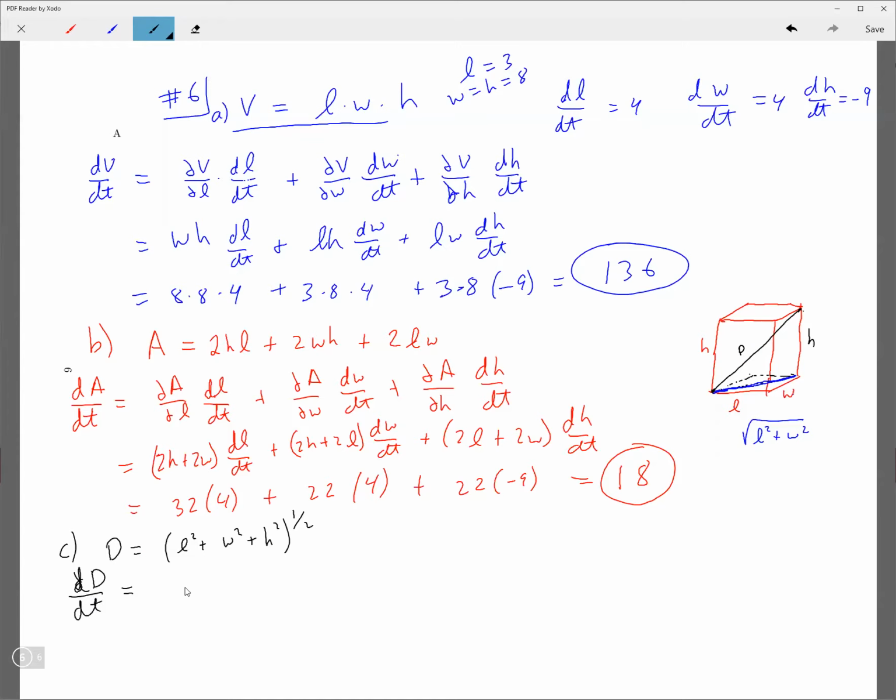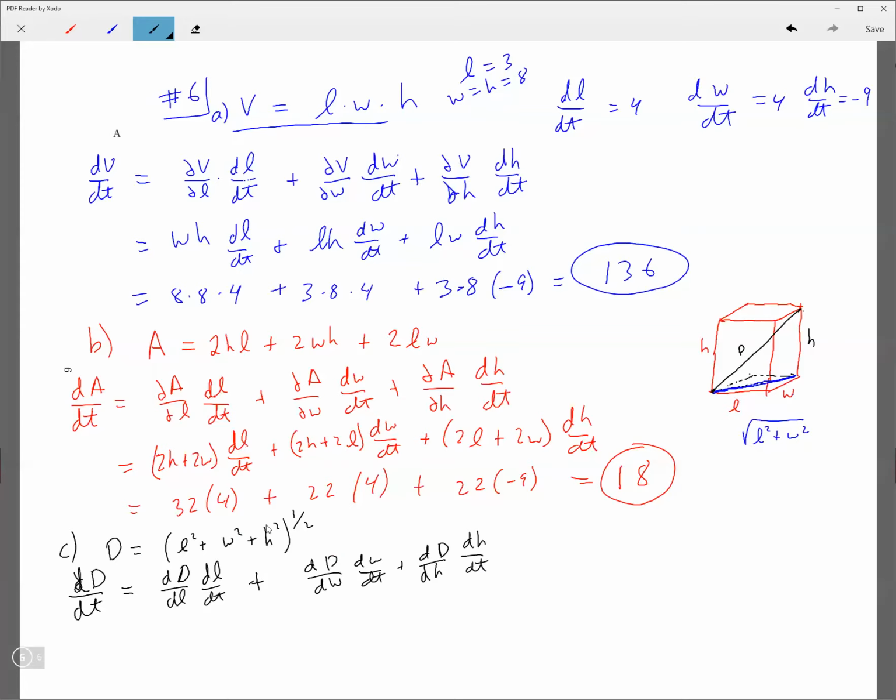Okay, so I go through the same steps again. dD dt is the partial of D with respect to L times dL dt, plus the partial of D with respect to W times dW dt, plus the partial of D with respect to H times dH dt.